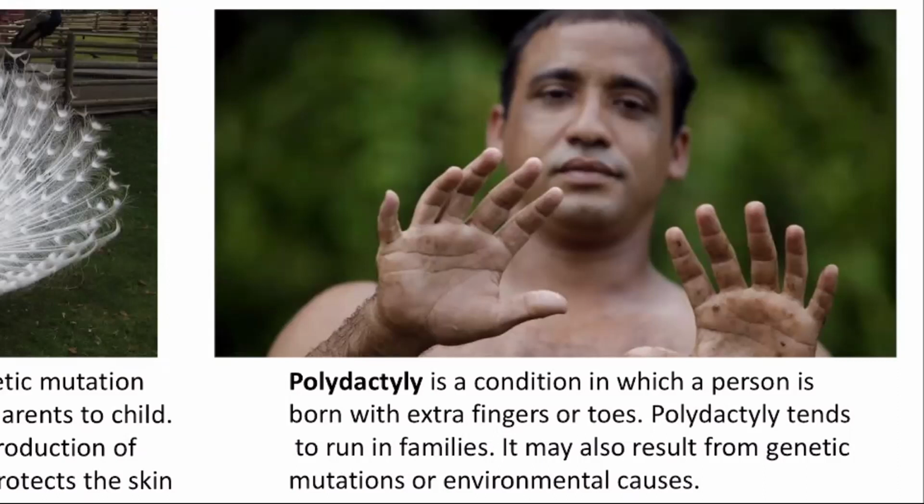And it has been found that in certain indigenous communities in Australia, in their families, you can see members that have polydactyly, both in hands and toes, or one or the other, okay? Now, we know that when it comes to polydactyly, part of it is genetic mutation. Other times it has been related to environmental causes.